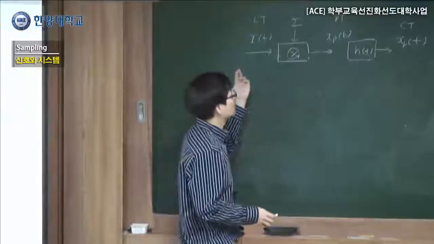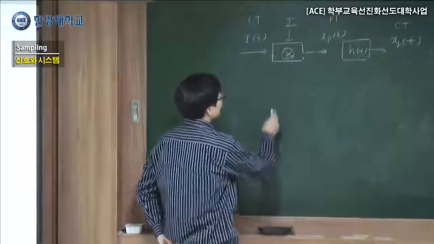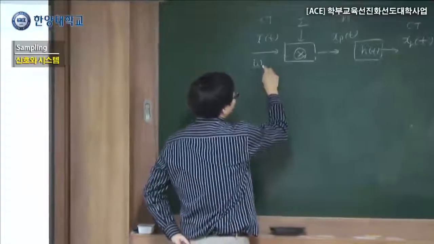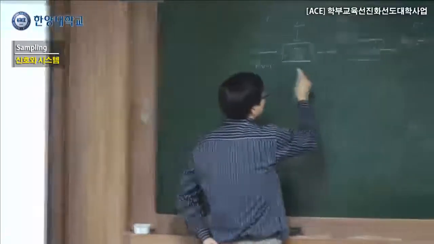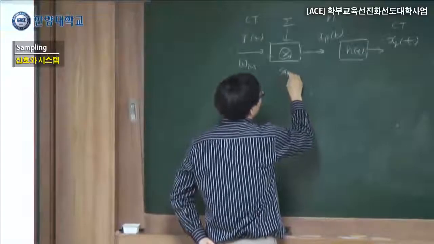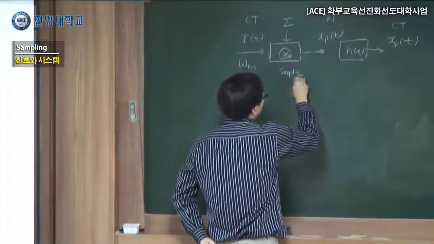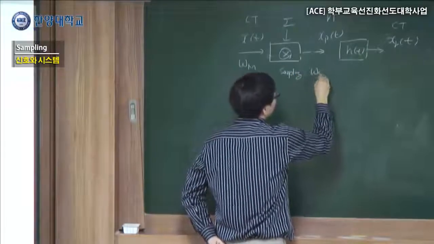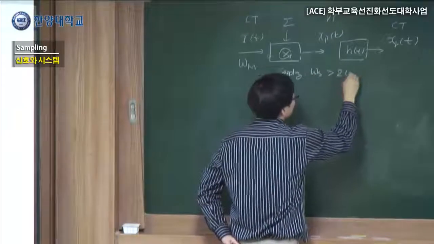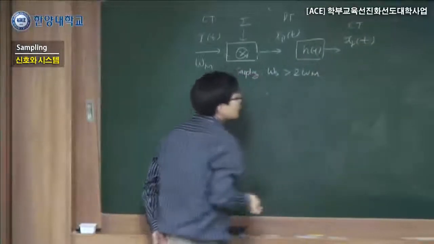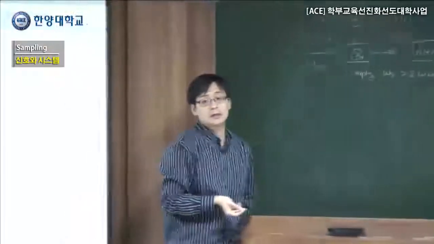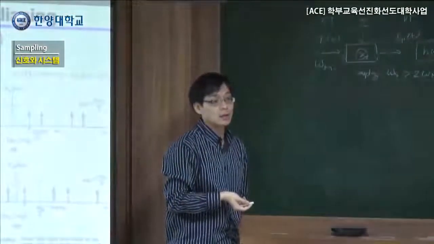And then we learn about the Nyquist theorem: say the maximum frequency is omega n. The sampling frequency, which is omega s, should be larger than 2 times omega n to avoid overlapping.